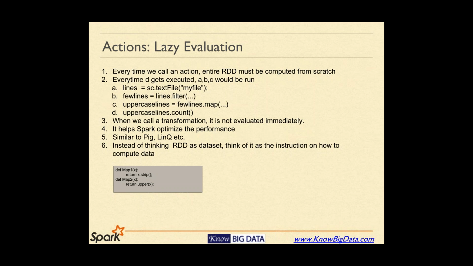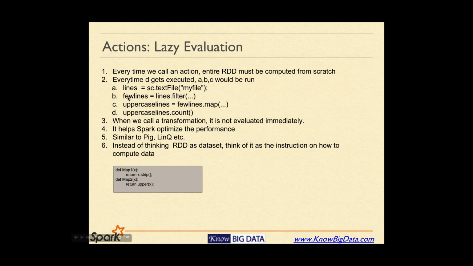Every time you make a call, you want to access something from a particular RDD, it would not start its evaluation from the beginning of the computation. All right. So let's say you realize that these few lines are something which is going to be used again and again.